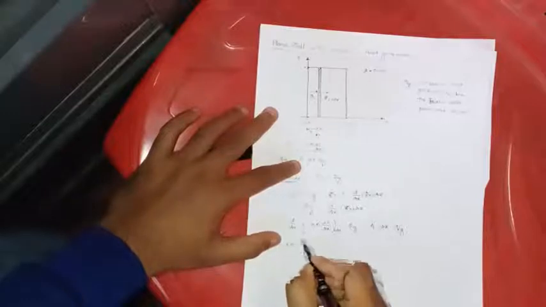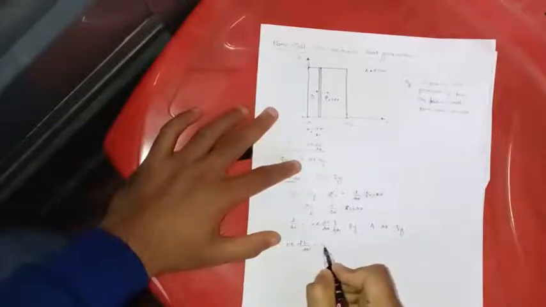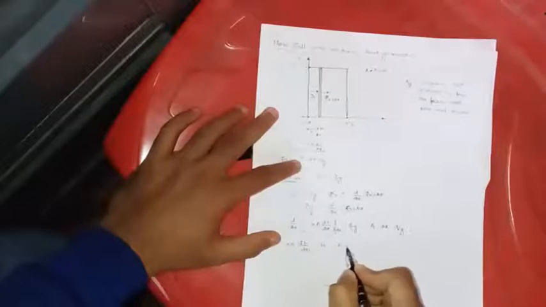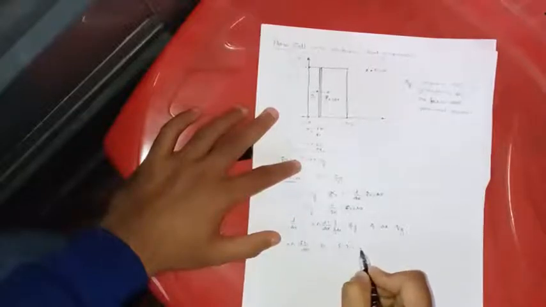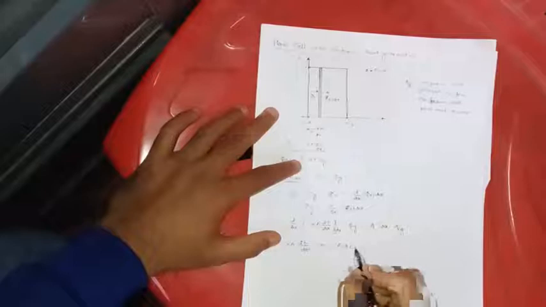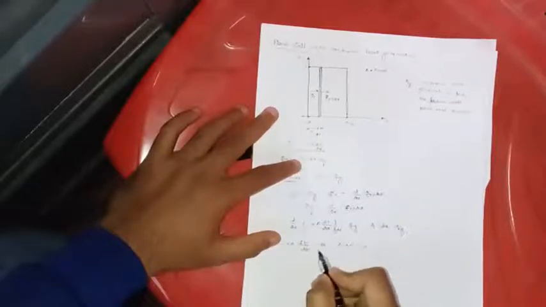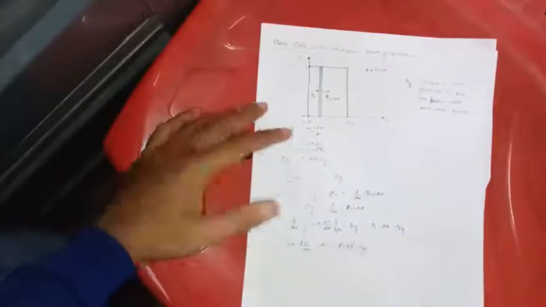So it will come minus kA d2T by dx2 into dx is equal to A dx into qg. So dx will be omitted, A will be omitted.